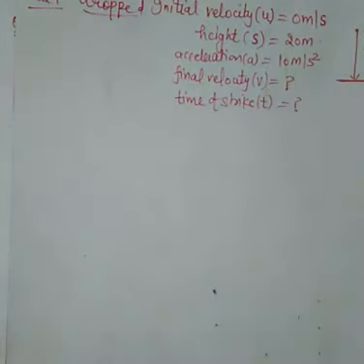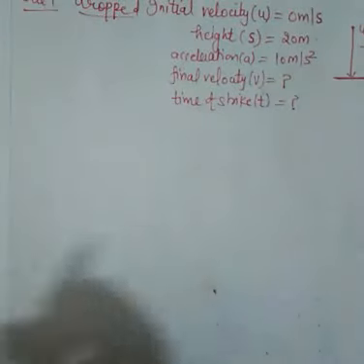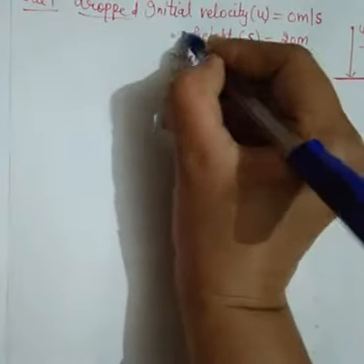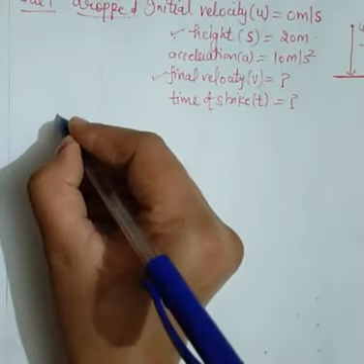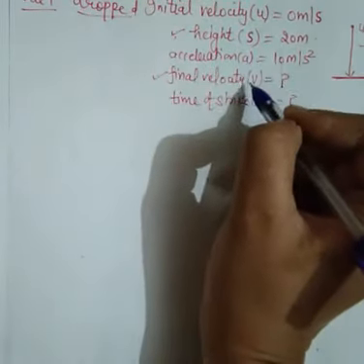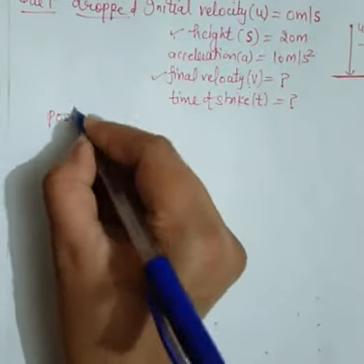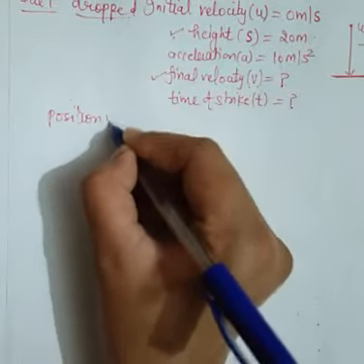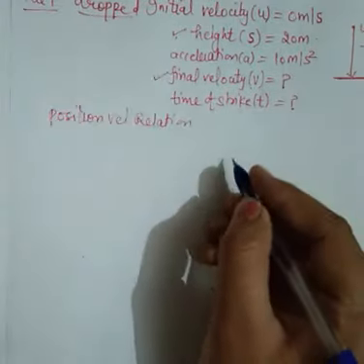Okay, so using the equations of motion we can calculate this result. So which equation of motion? U and A, don't focus on that. S is given to us, V is to be found out. So S and V means the position-velocity relation, which you may recall or learn in this way.